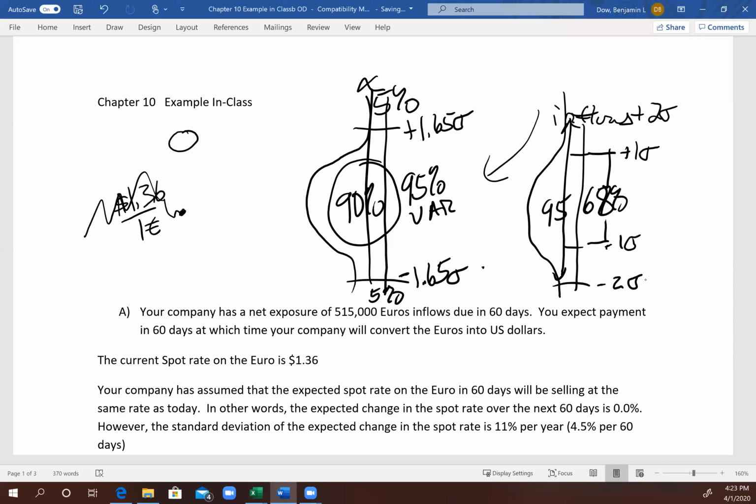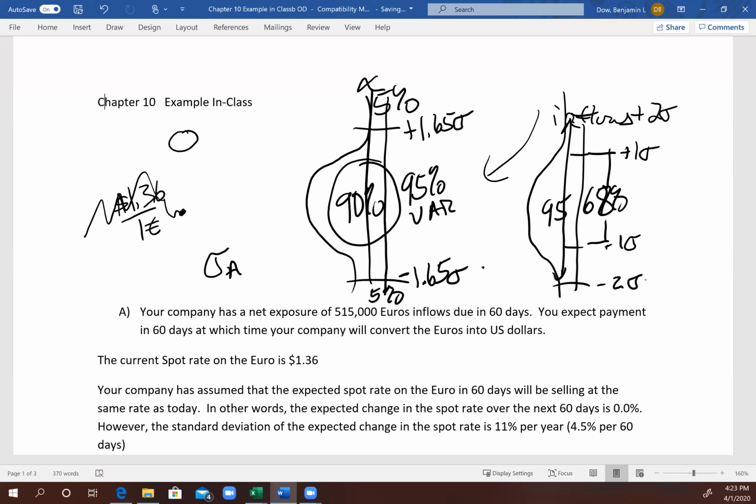So the next question is, we need to figure out how something's going to move. We need to figure out how volatile it is. Most of the time what we're looking at is the expected volatility going forward, and most of the time volatility is given on an annualized basis. You can actually use options to figure it out.